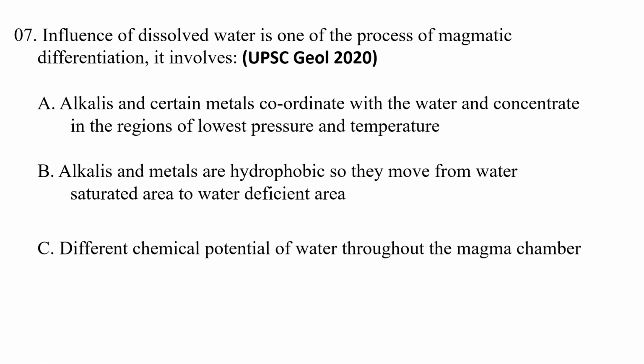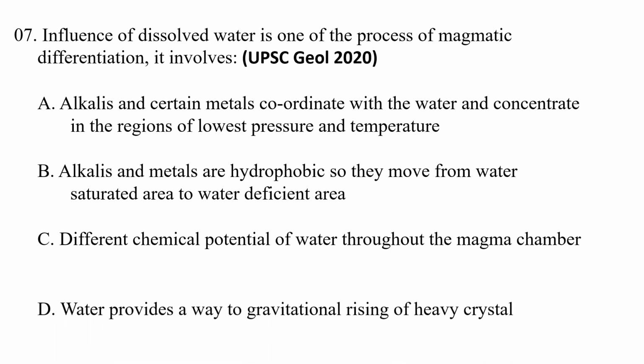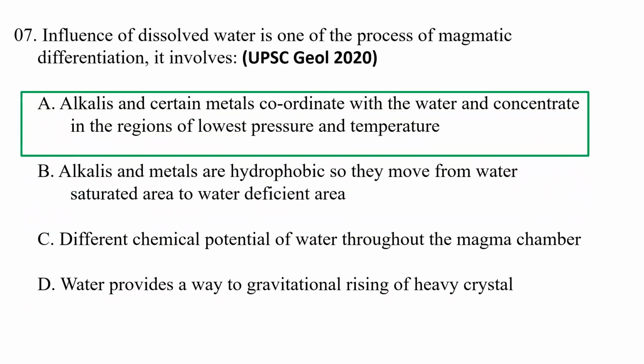C. Different chemical potential of water throughout the magma chamber. D. Water provides a way to gravitational rising of heavy crystals. So the correct answer is A. Alkalis and certain metals coordinate with the water and concentrate in the regions of lowest pressure and temperature. This is one of the influences of the dissolved water and it is one of the processes of magmatic differentiation.